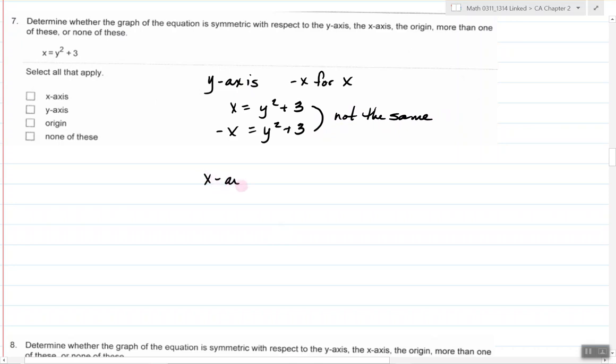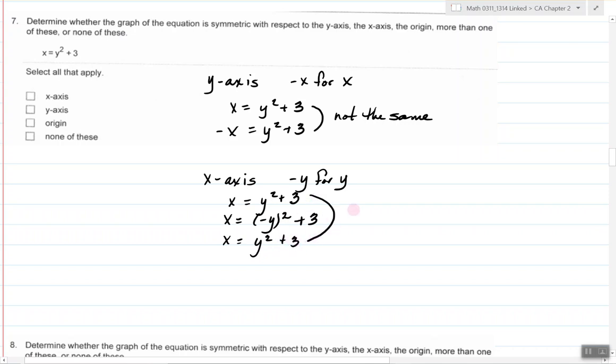X-axis. Put in negative y for y. And I start with x is equal to y squared plus 3. So x is equal to negative y, quantity squared, plus 3. Negative quantity squared is positive, so it's y squared plus 3.